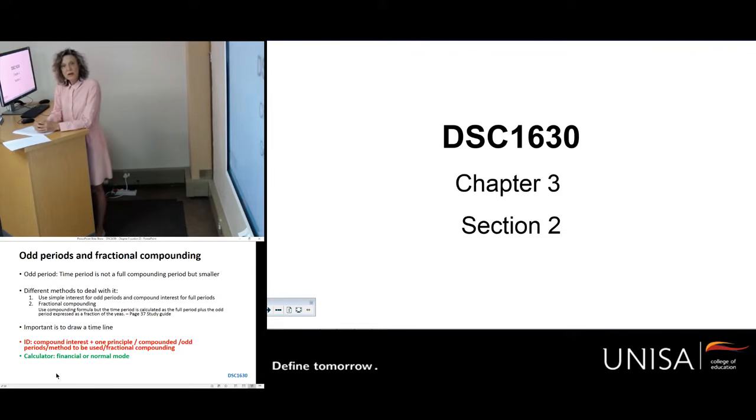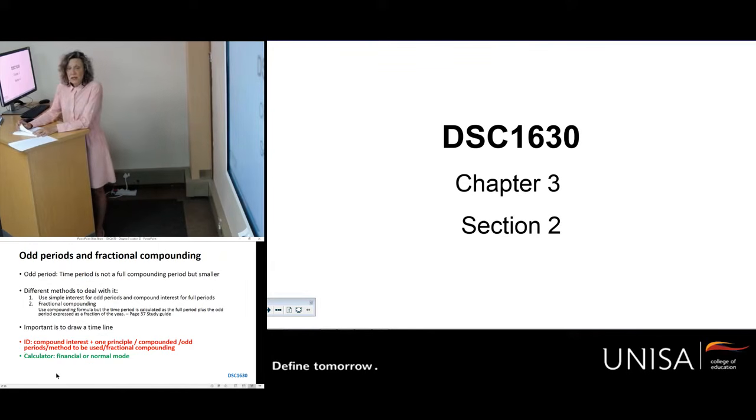Now what happens if we're working with compound interest and your investment period isn't a full compounding period? When we've got something like that, we call it an odd period. So it's not a full compounding period, but smaller. There are different ways that we deal with it.